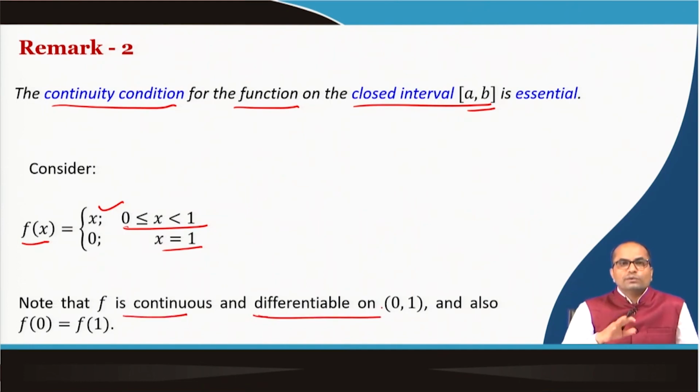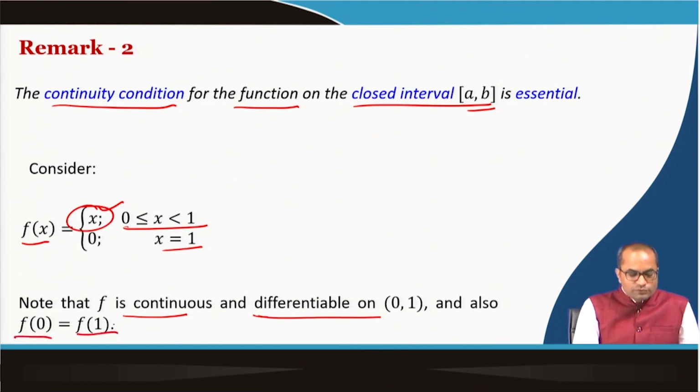So, here the continuity is there in the open interval 0 to 1, there is no problem, because we have this function x which is continuous in the interval 0 to 1, and also f 0 is equal to f 1, that is also there. So, all conditions are met except the continuity at 1.